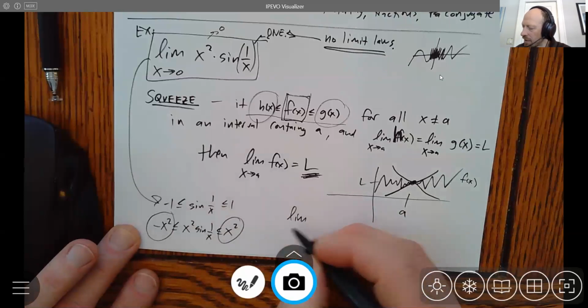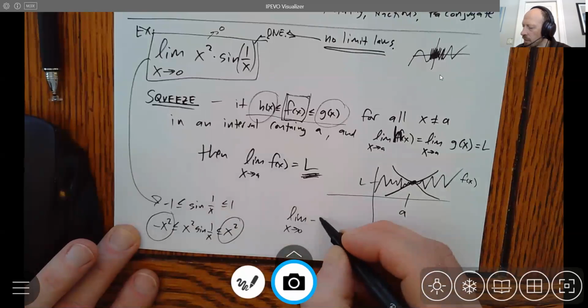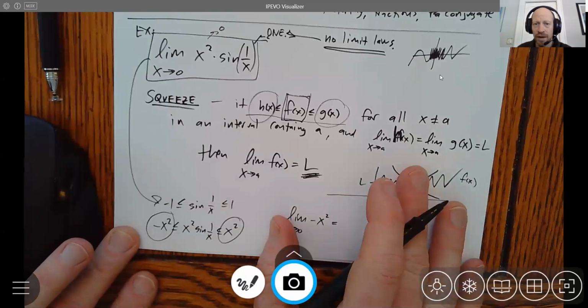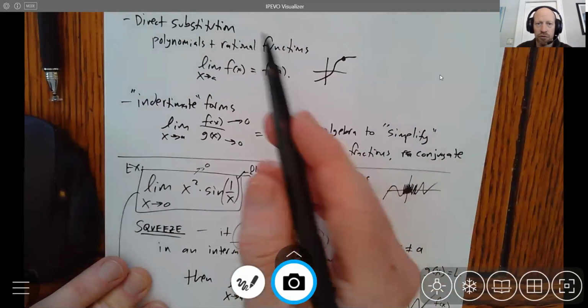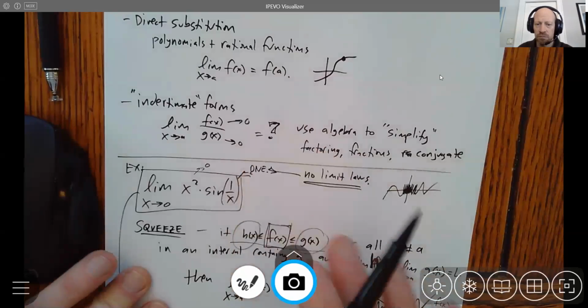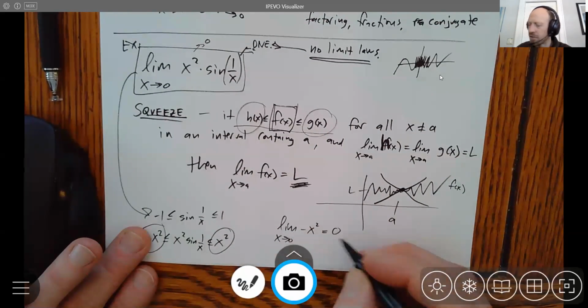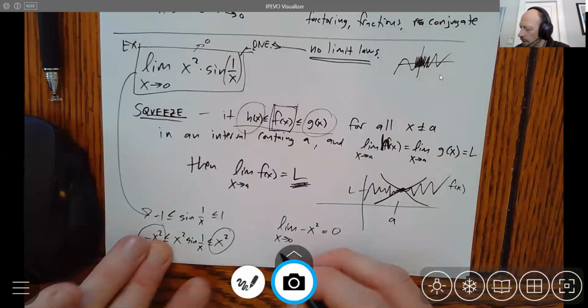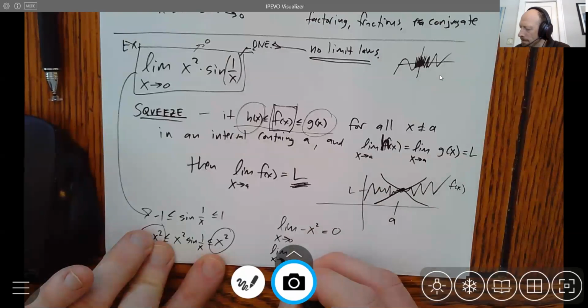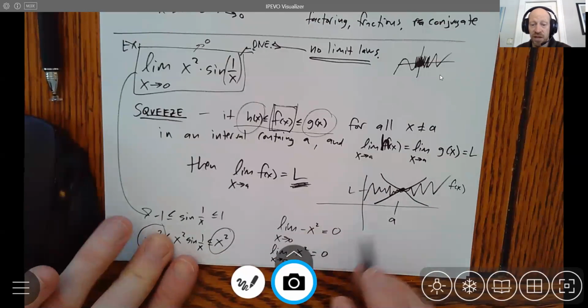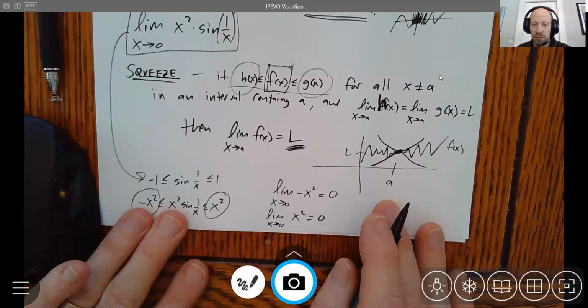Notice, as x goes to 0 of minus x squared, that's just a polynomial, so I can use direct substitution there. If I put in 0, I get 0 squared, which is 0. If I look at my other function, same approach, right?